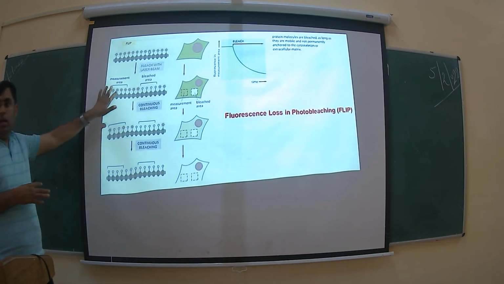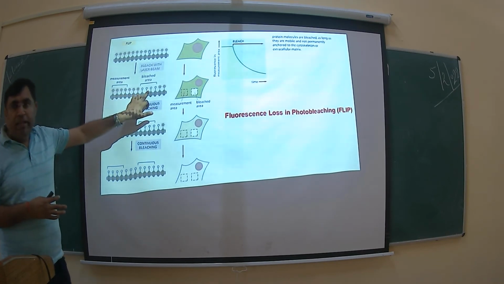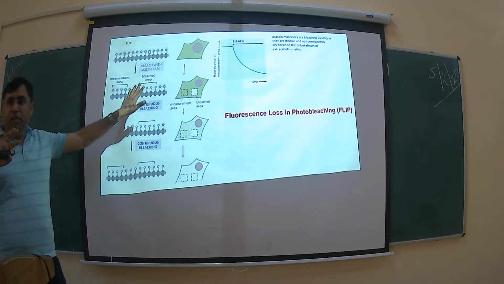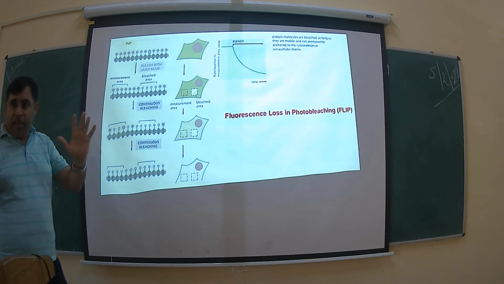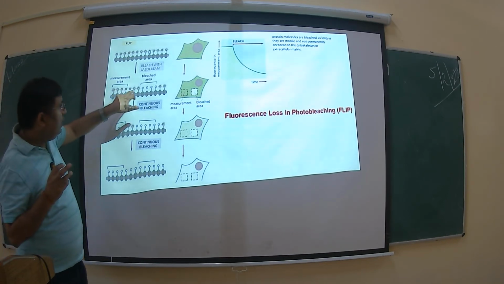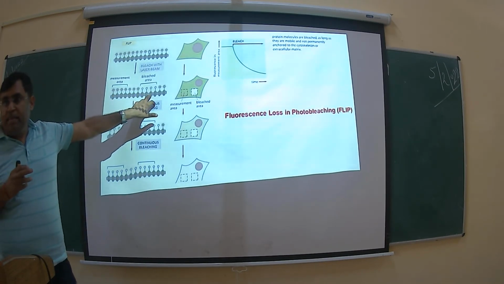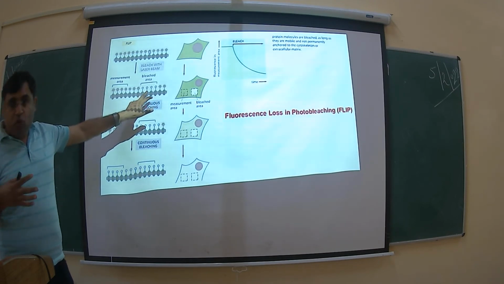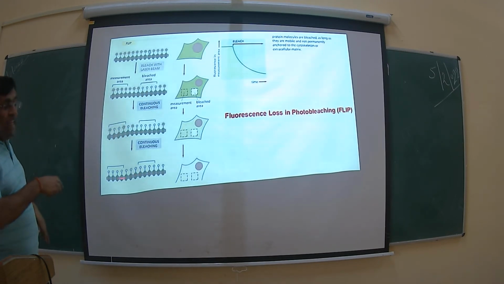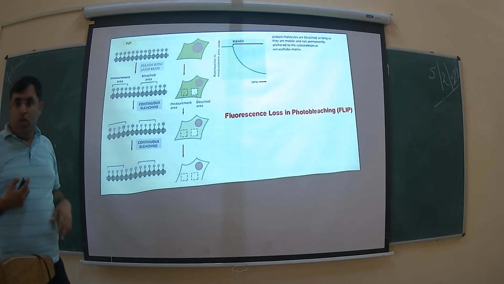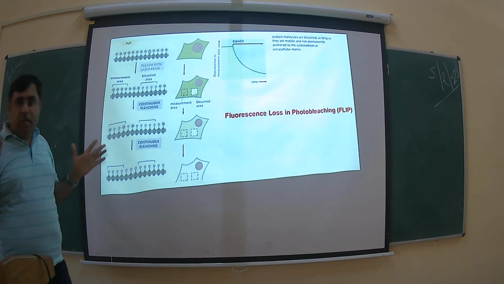They will go there, then the new molecule will come and it will again get fluorescence. So as soon as all the protein comes to this place, it will get photo bleached, so that you will not see any kind of signal. Is it understandable or not?